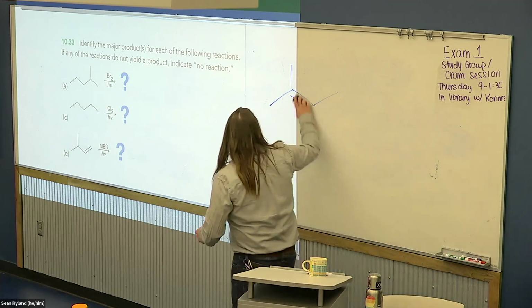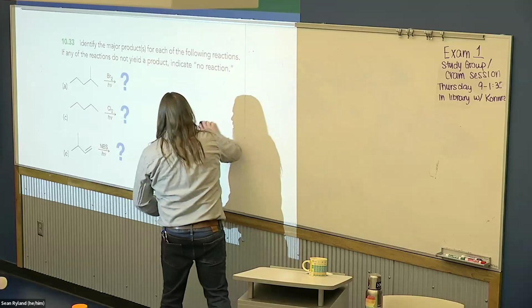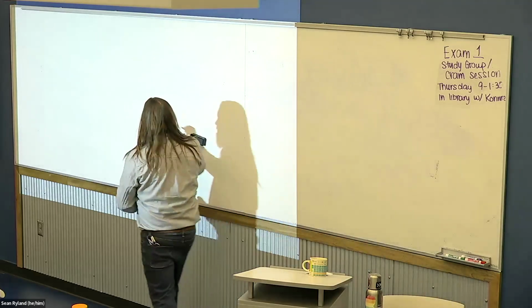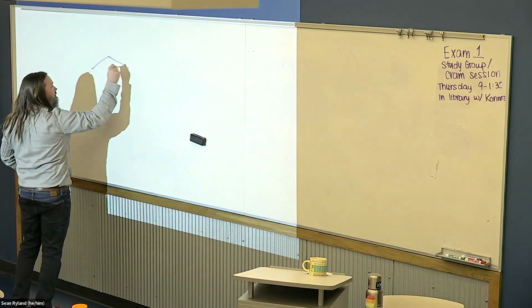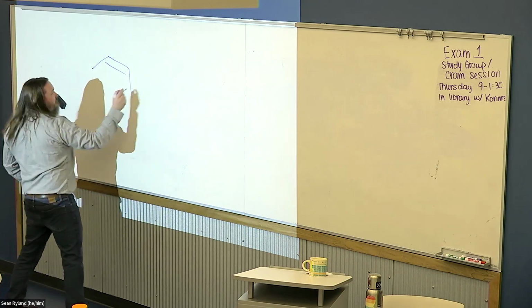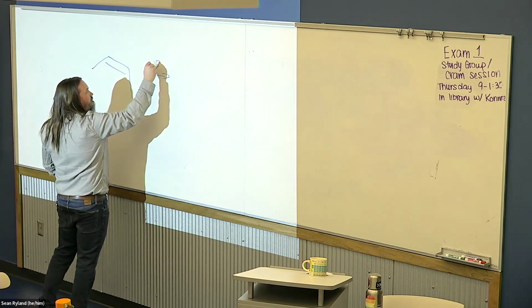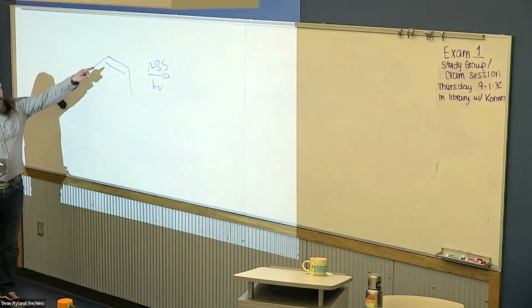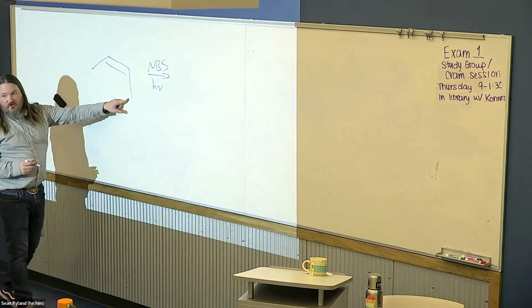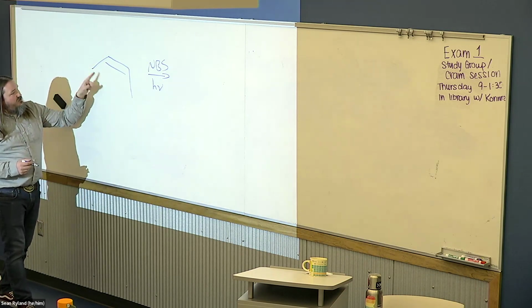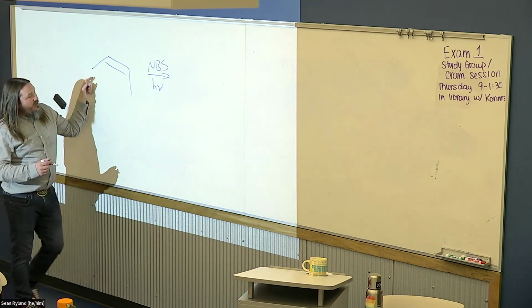We're still a little bit before where we take our break a lot of times, so let's do one that is a little bit simpler. In this case, we're going to do a hydrogen abstraction from one of these 2 methyl groups, right?